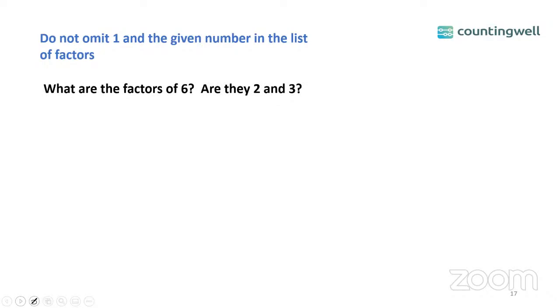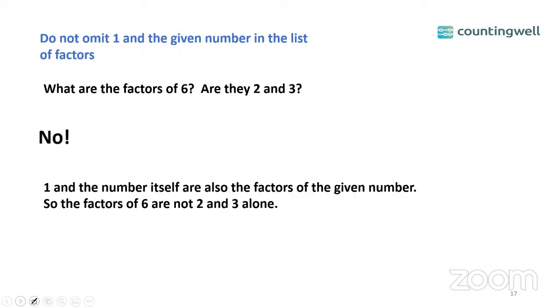Are they only 2 and 3? No. 1 and the number itself are also factors of the given number. So the factors of 6 are not 2 and 3 alone. Hence, the factors of 6 are 1, 2, 3 and 6.